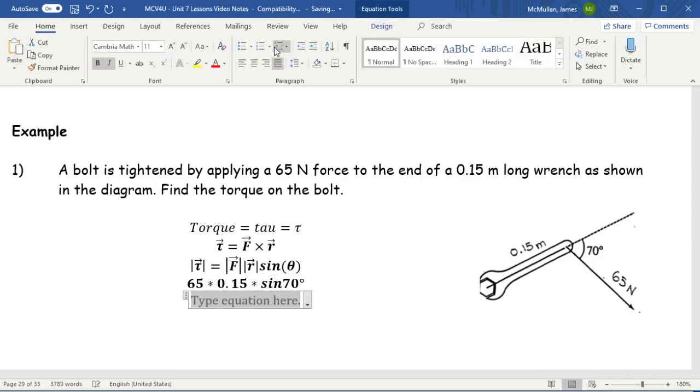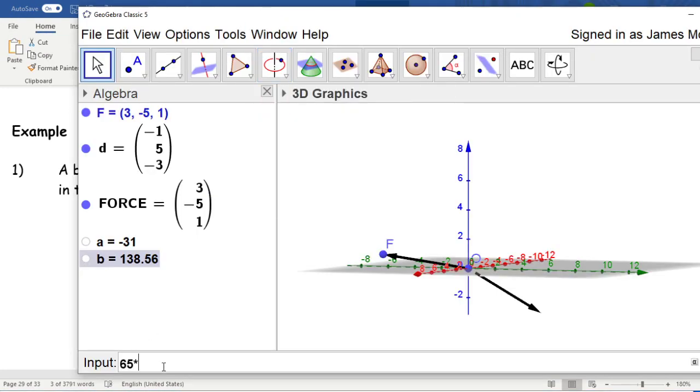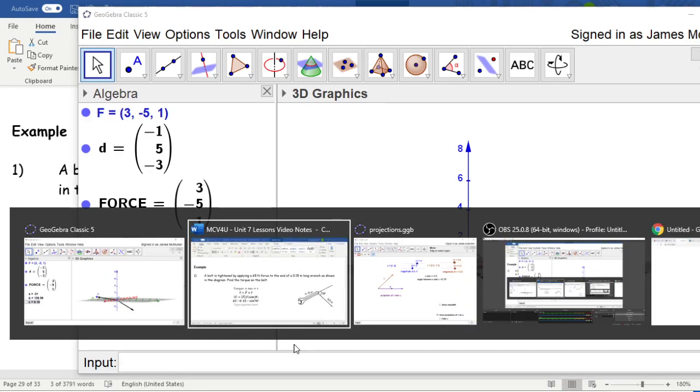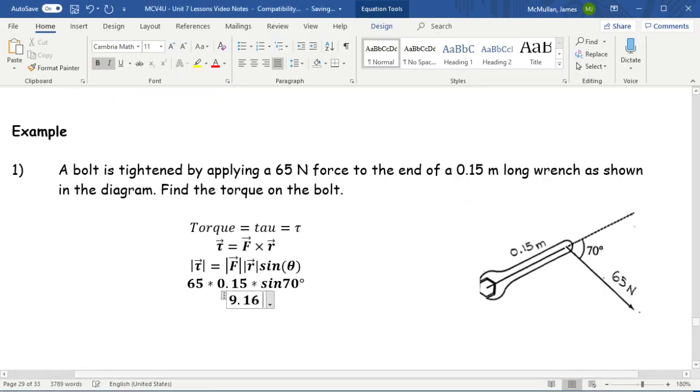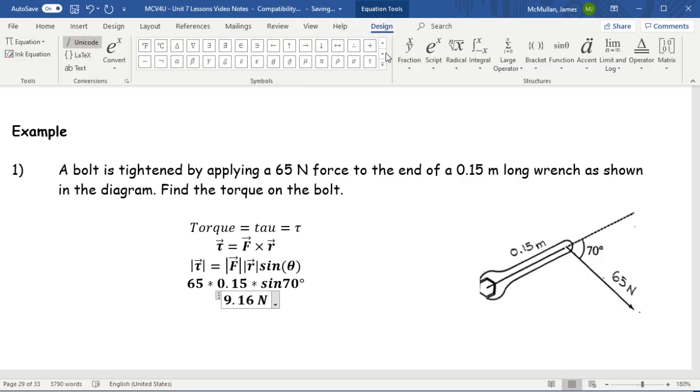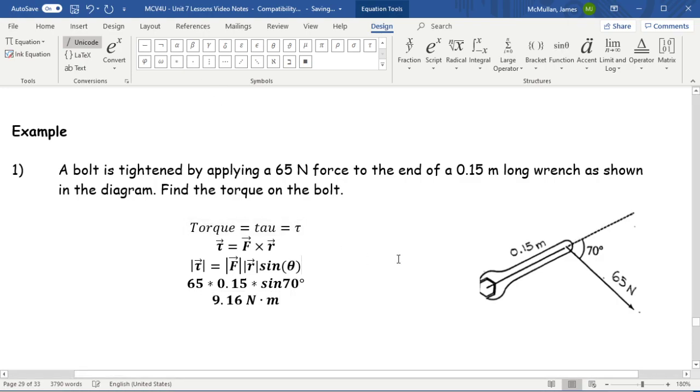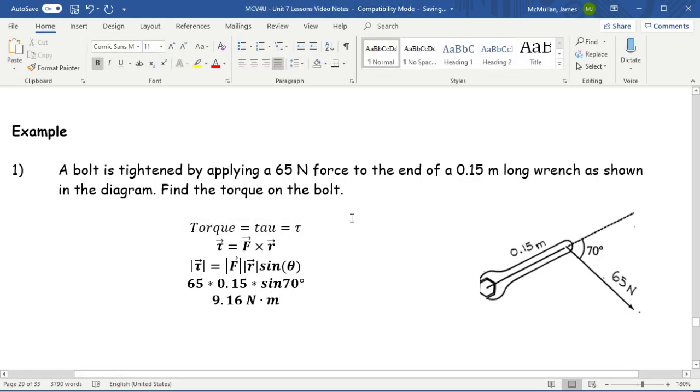And as an answer, I mean, what is that? 65... 9.16. Now, it's not joules, okay? You don't have the option to say joules with torque, so you just say Newton meters. Now, torque is a vector, which means this answer is not complete.